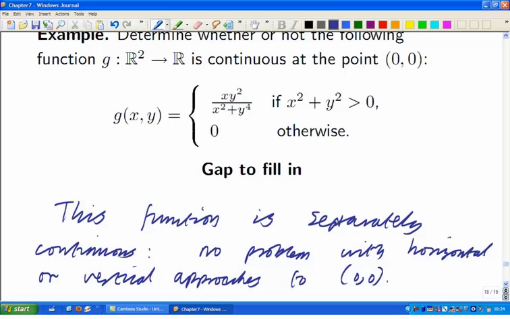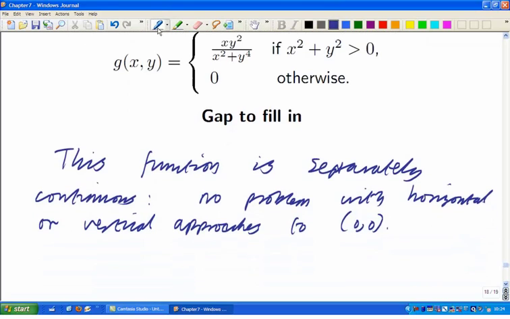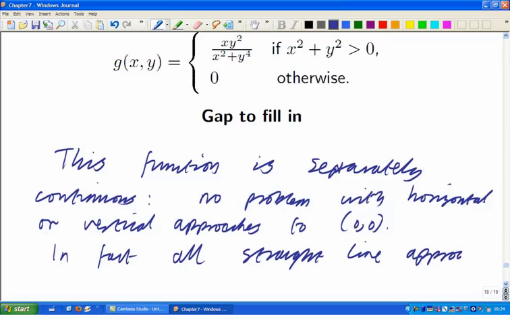I should observe that away from the origin, this is just a perfectly good rational function, a quotient of two polynomials, and you're not dividing by 0. So away from the origin, this is a really nice continuous function. The only possible problem is at the origin, and that's where you do have the problem.